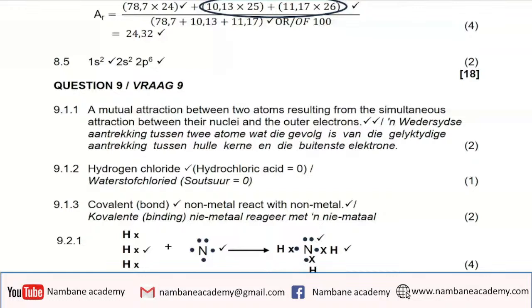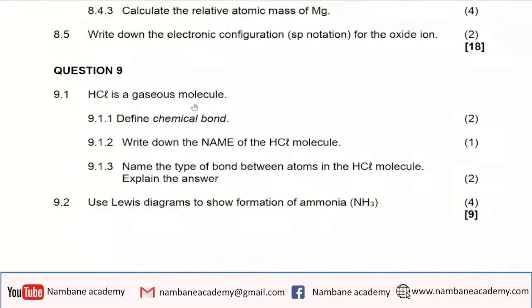Let's say yes, HCl is a gasmolekuule. Yeah, if it's a gas, then that means we cannot accept it to be hydrochloric acid. That's why we put that gaseous there. It's not in aqueous, it is in gaseous form. So if it's in gaseous form, then it's going to be hydrogen chloride. Cannot be hydrochloric acid. All right, thank you. Yes, sir.